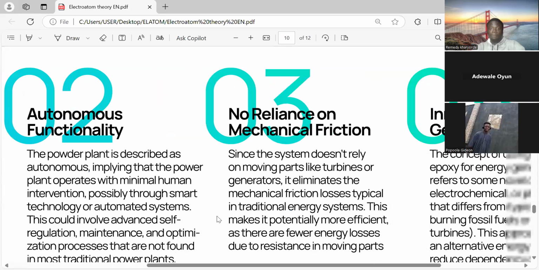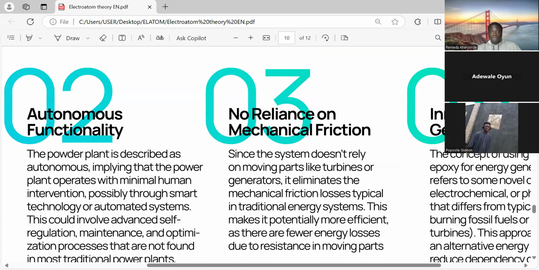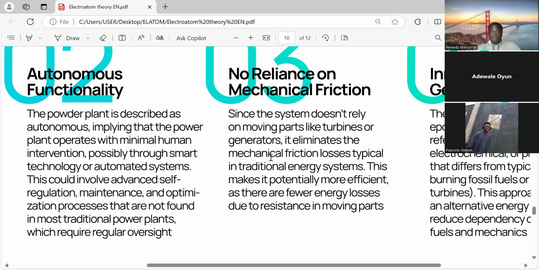The third on the list that differs us from the traditional means is that we have no reliance on mechanical friction. Since the system does not rely on moving parts like turbines or generators, it eliminates mechanical friction losses typical in traditional energy systems. This makes it potentially more efficient, as there are fewer energy losses due to resistance in moving parts.